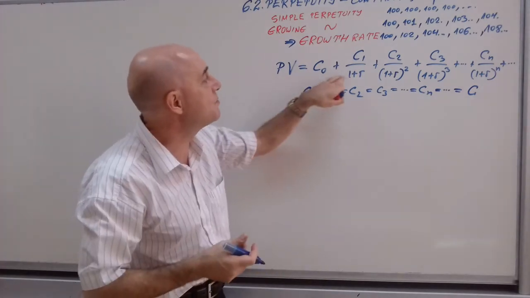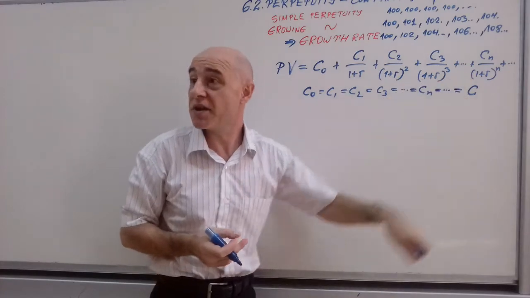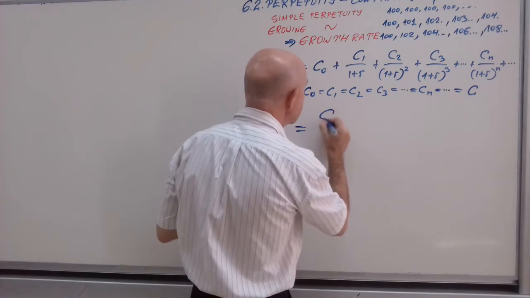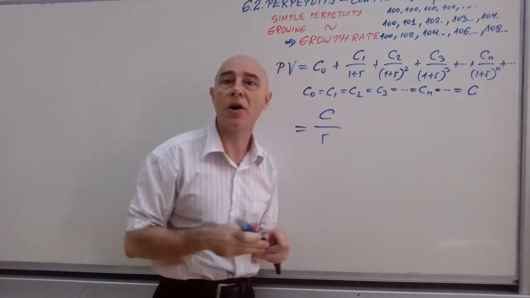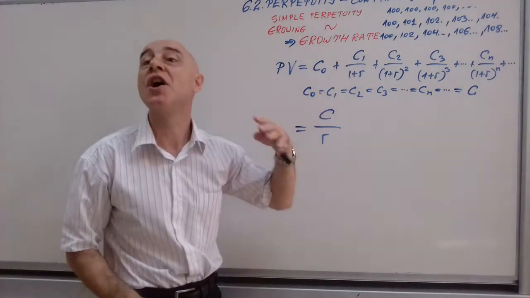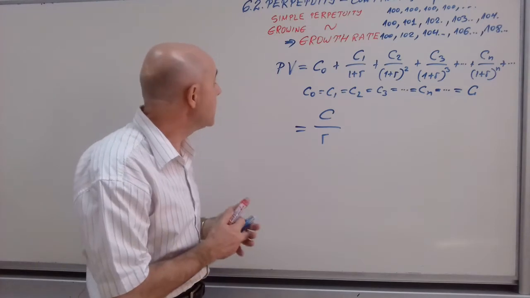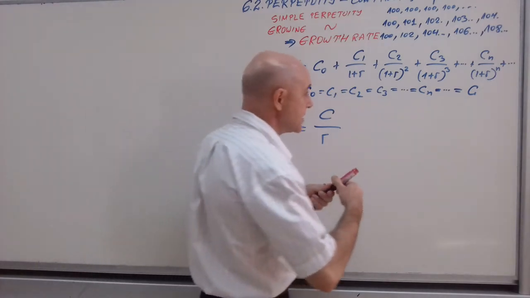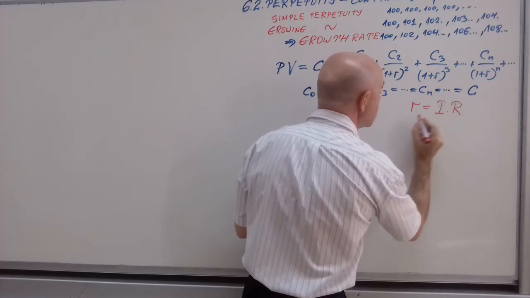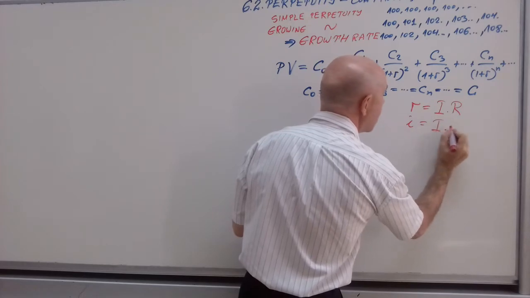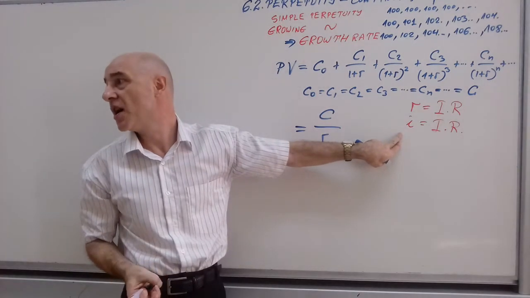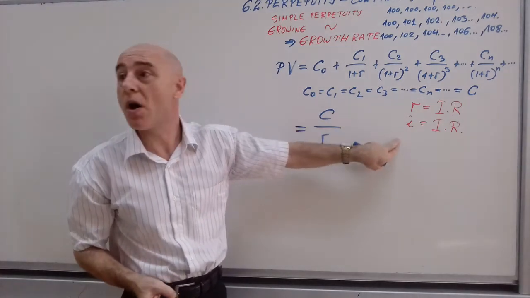So this is just a simple geometric series, and a geometric series, if it's infinite, becomes simply C over R. Sometimes you have to check and see if the text uses the letter I. So in finance, we sometimes use R for interest rate, and sometimes we use I. These are the two common letters.